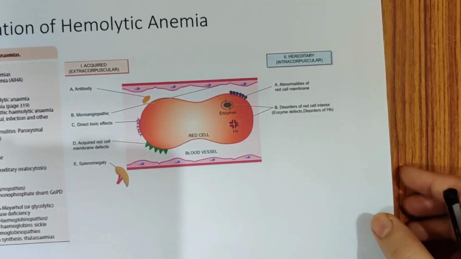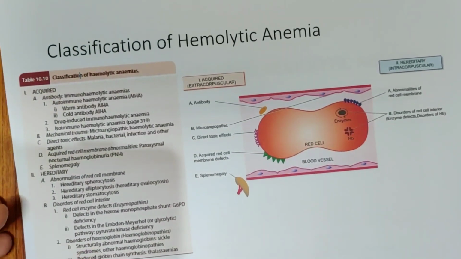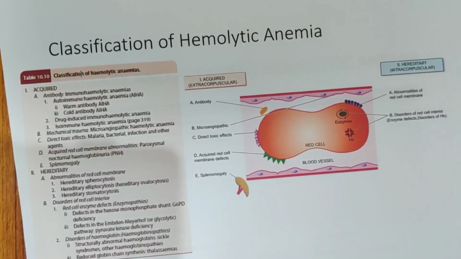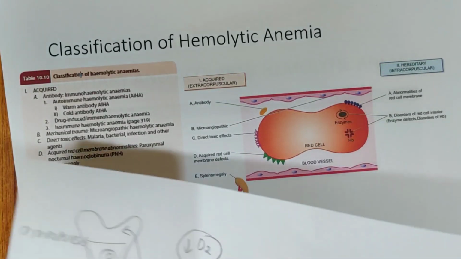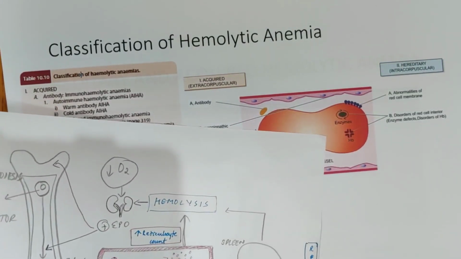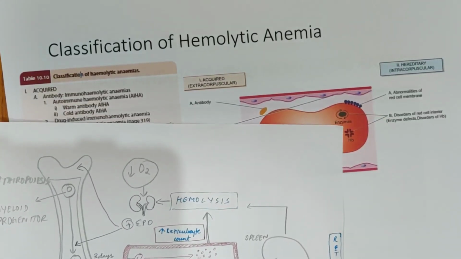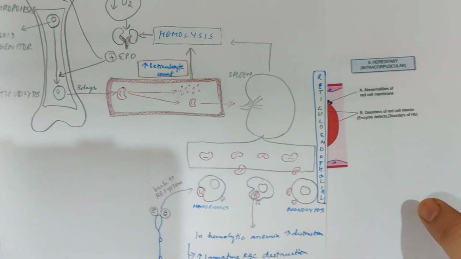Now, before we come to the classification of hemolytic anemia, I would like to explain the process of how this occurs. I have already made this diagram, so I can brush up very soon.